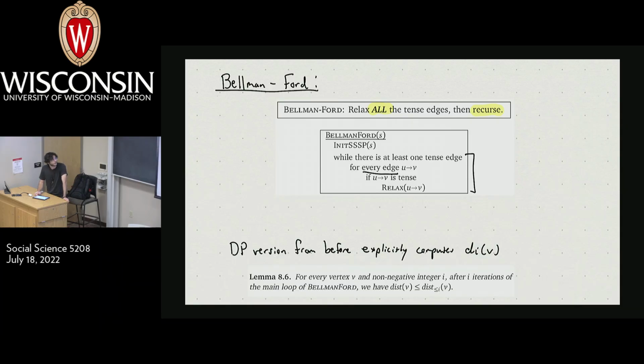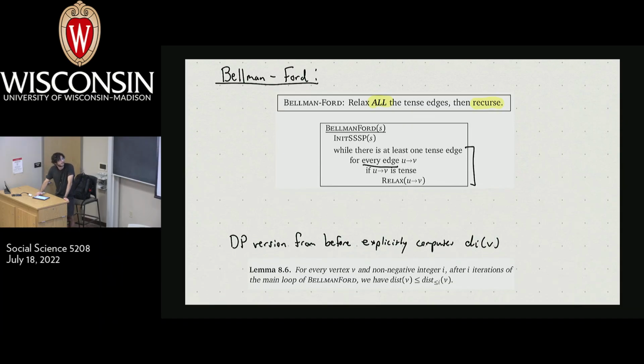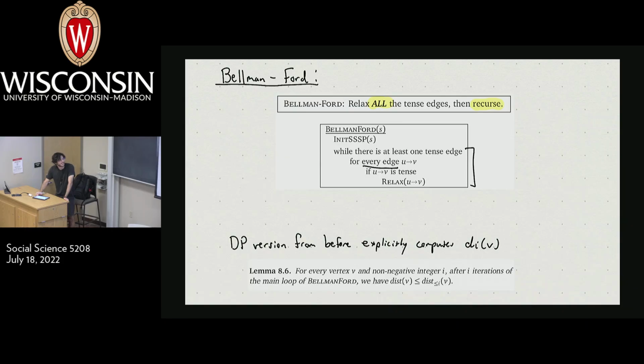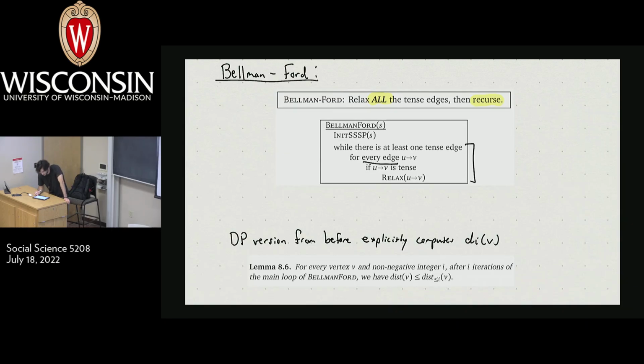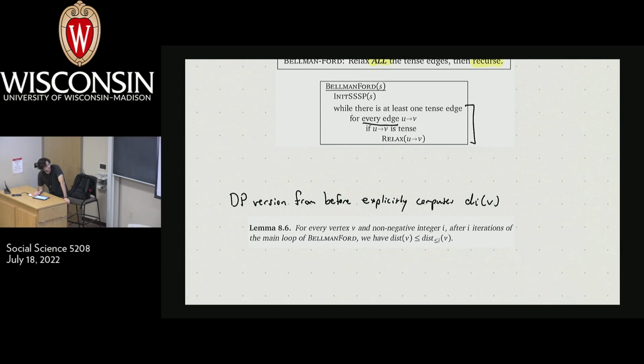So why is this algorithm correct? Well, it's definitely going to relax all the tense edges, so that's why it's correct. But if you remember, we solved this using DP. We constructed this thing d_i of v.